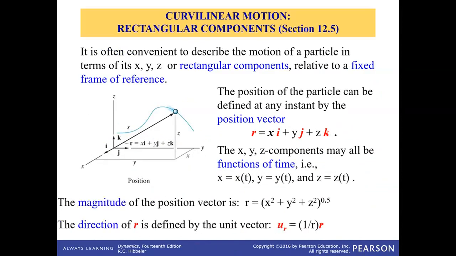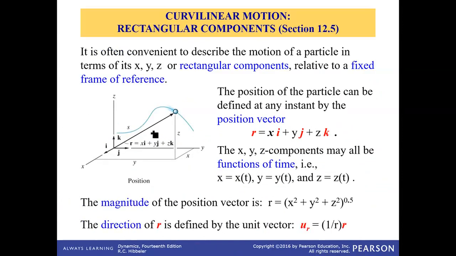Okay. And now in 3 dimensions, for the generalized equation, position can be written as a combination of x, y, and z components multiplied by corresponding unit vectors, where each of x, y, and z can be a function of time. Using this equation, we can calculate the magnitude of the position vector. We can also calculate the unit vector by dividing the position vector by its magnitude.